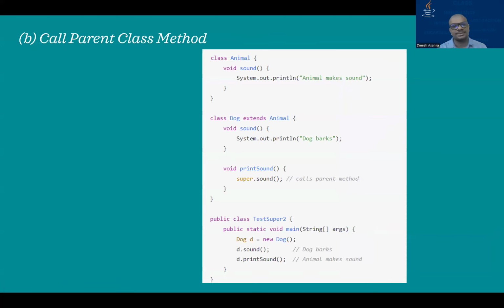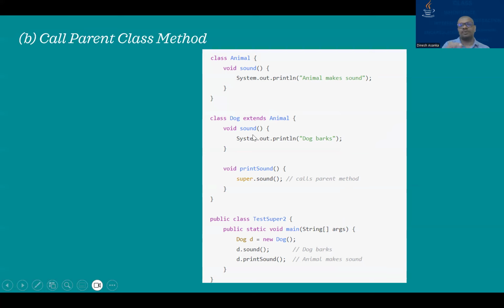Then, how you can access parent class methods. If you look at this piece of code, I have an Animal class with a method called sound, and I have a few implementations. Then I have the Dog class, which is extended from the Animal class, and it has a sound method.